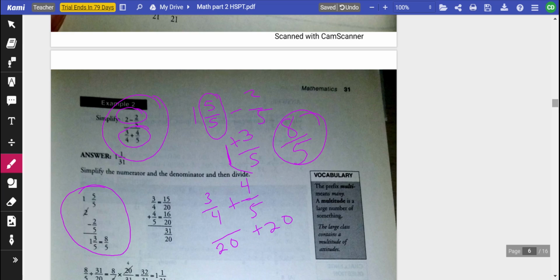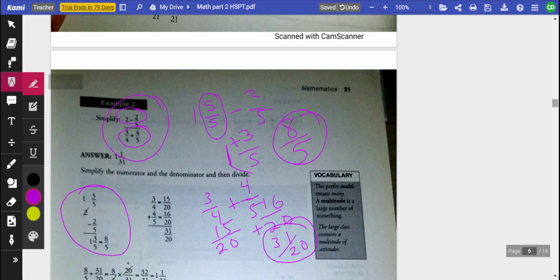I'm going to do 4 times 5 gets me 20. So 3 times 5 gets me 15. 5 times 4 gets me 20. So 4 times 4 gets me 16. I add these two together. So 15 plus 16 gets me 31/20. So that is my total for this one.